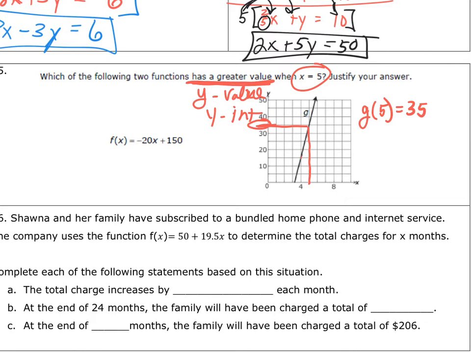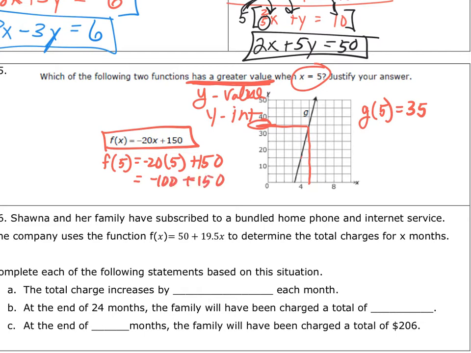Now, there's a couple of ways you can do the next one. You can put this in your y1, go look at the table and see where it's 5, or you can plug it in. Because I don't have the calculator that I can show, I'm going to plug in the value, which gives me negative 100 plus 150, which means f of 5 is going to be 50. So which one of these has the greater value?